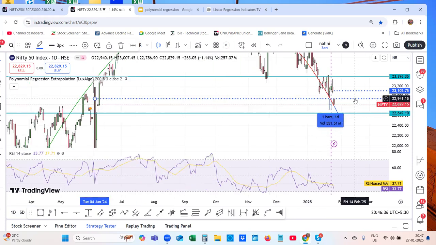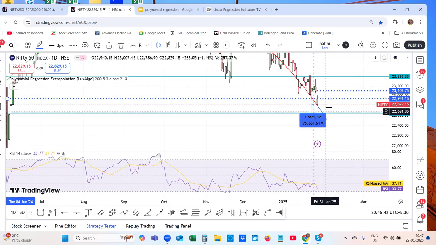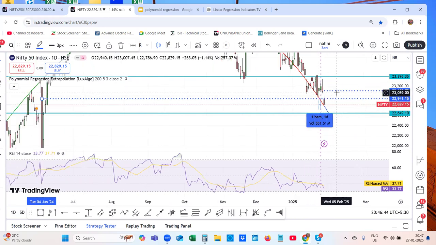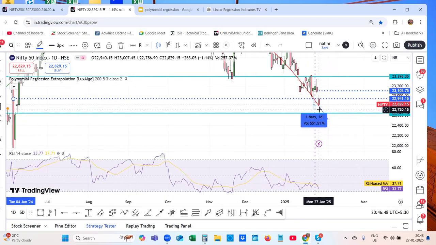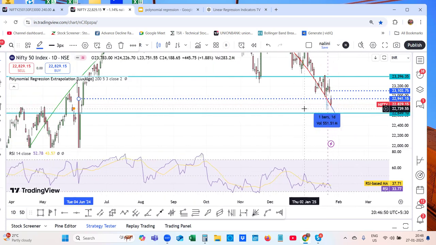That means if it starts closing above 22,941, we can anticipate a reversal in the market. The down move can continue a little bit tomorrow till 22,707 or 600.